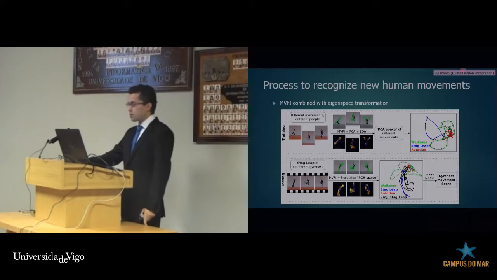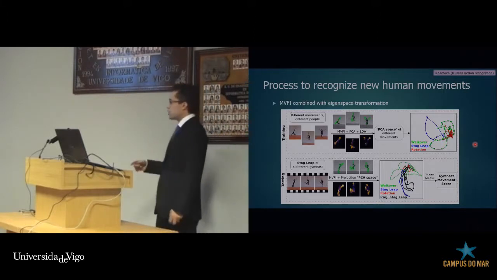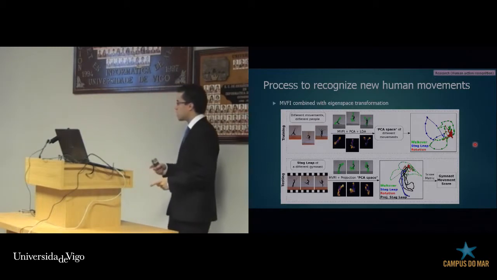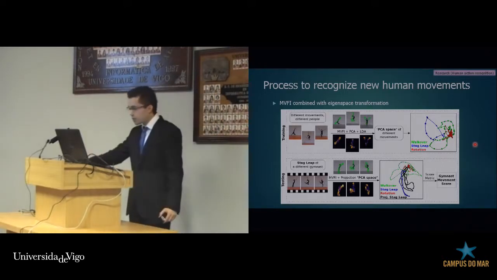Then when you have created this space, you only have to get a new video that you want to classify. You transform it with our MBFI, our spatio-temporal template, and you only project this new trajectory in that space. So for example, here you can see in black that you are projecting a new action that is related with one of these three.